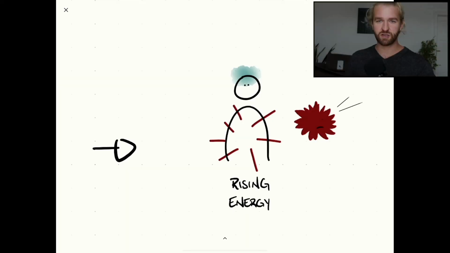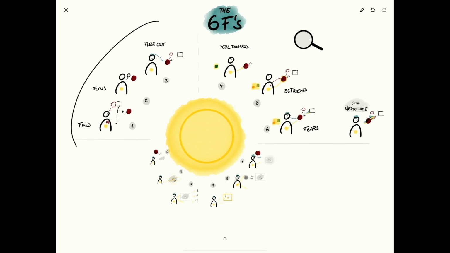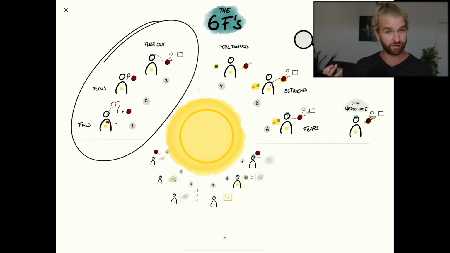And as she expressed that, it was like there was an energy rising in her, and an energy that was not just anger, but actually like a force. So the part is raging. It's a hothead. It can explode, but it also wants her to be heard, to be seen. And that seems to be really important for this part. Now, these were the first 3 steps of the 6F process.